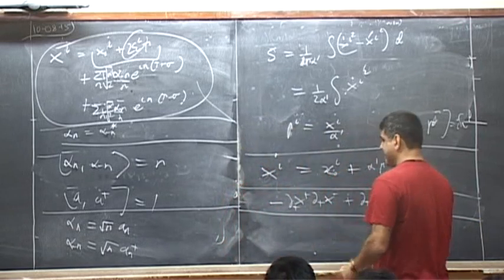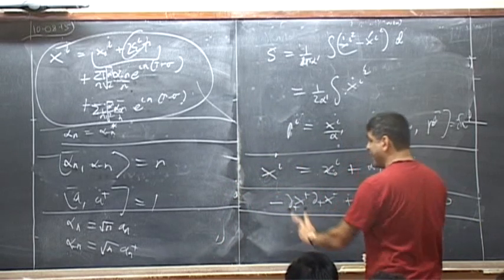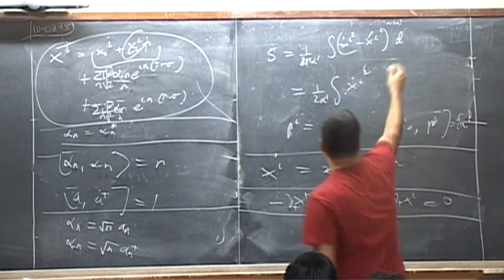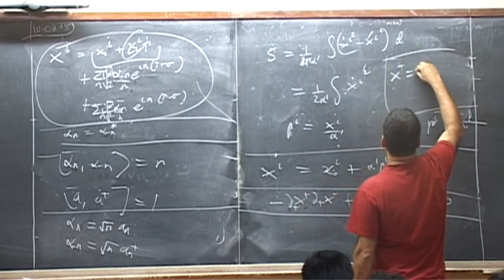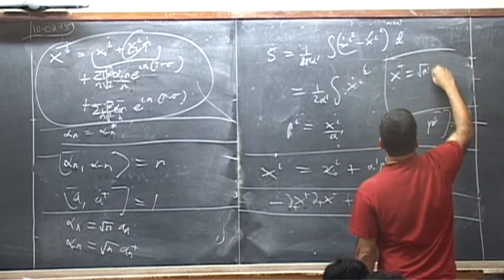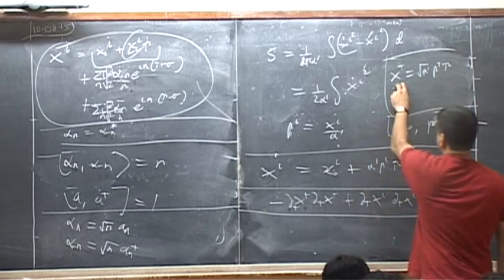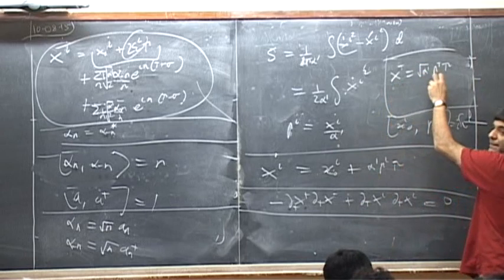We had gauge fixed x plus to be square root alpha prime times p plus tau. And therefore, del plus of x plus was square root alpha prime p plus by 2.